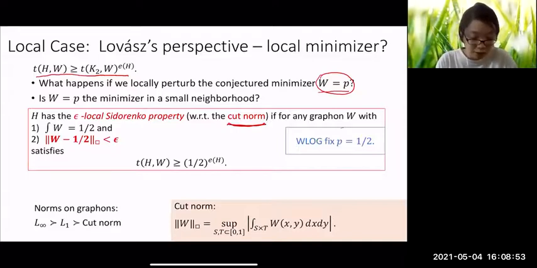It's easy to see that the L-infinity norm is the strongest and the cut norm is the weakest. So the epsilon neighborhood under the cut norm is the most relaxed neighborhood compared to L-infinity and L1. The cut norm will also be useful for us in the counting later, because it gives us enough relaxation.